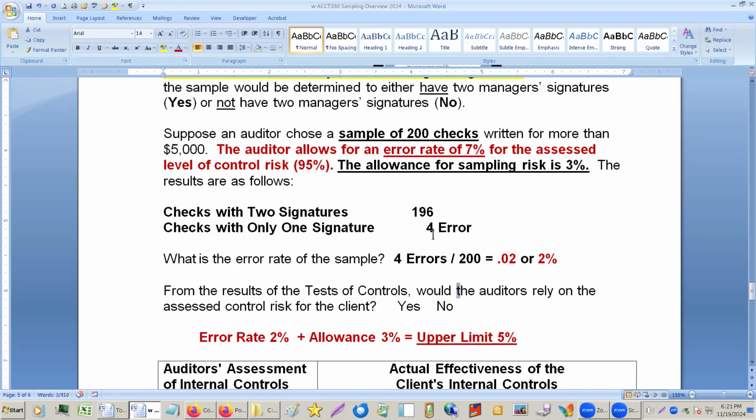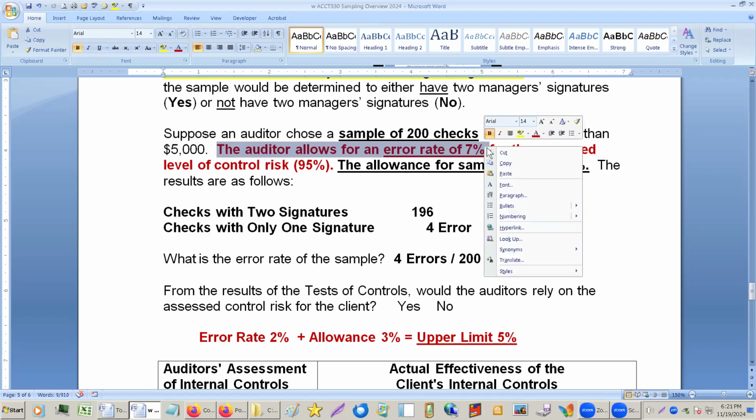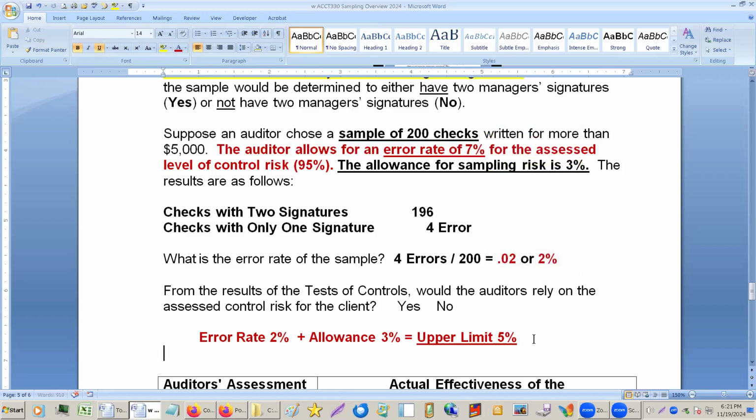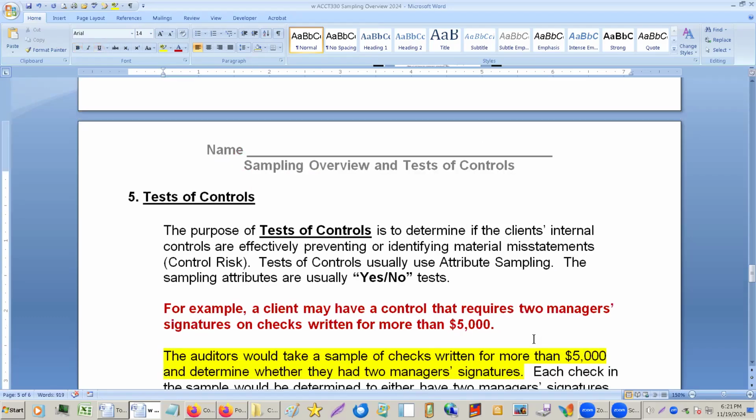Okay, so our upper limit is 5%. The auditors will be okay. They will allow for an error rate of 7%. I'm going to goof up this handout, but oops.